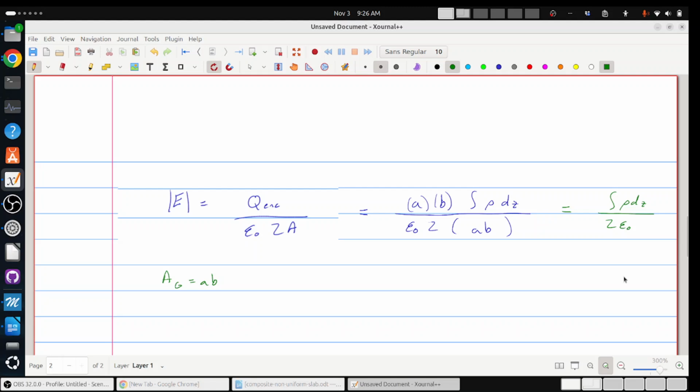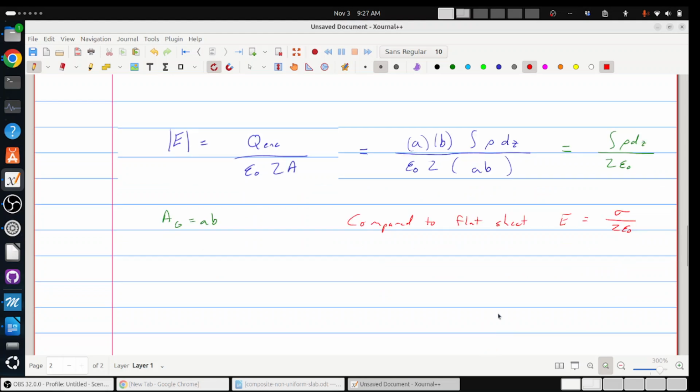Now, if I compare this to my flat sheet, where the electric field was equal to sigma over 2 epsilon naught, it would seem like for the thick sheet, that the integral of rho dz is sort of an equivalent surface charge density.